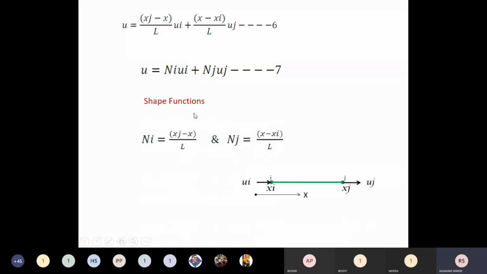Now can you tell me what is the value of shape function Ni at node I?